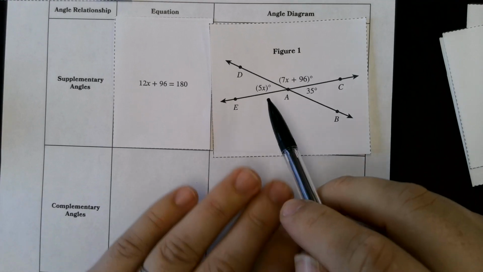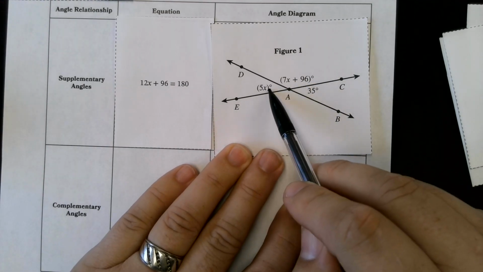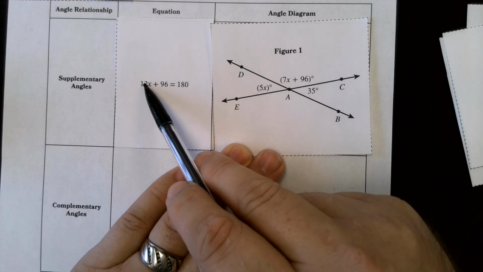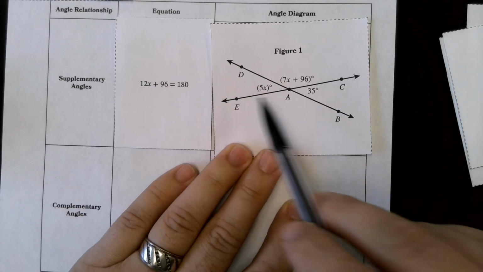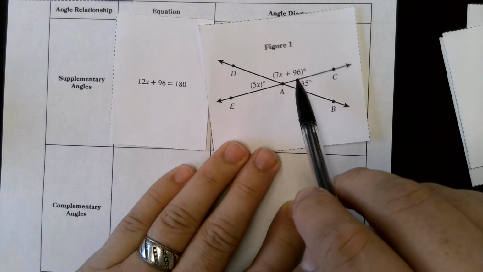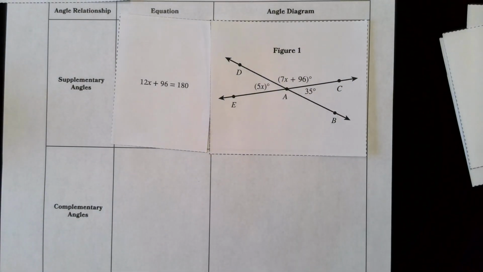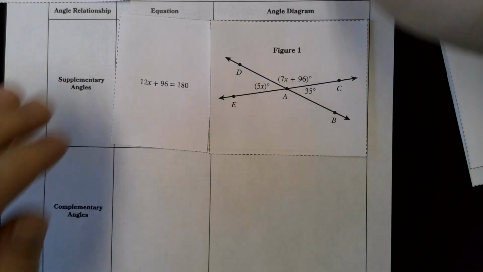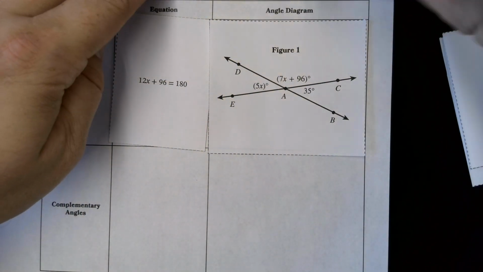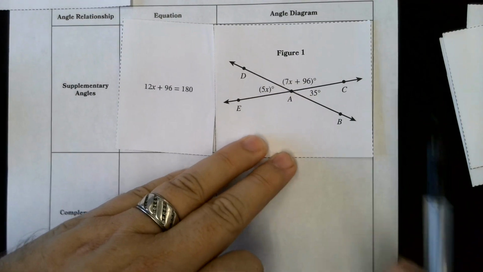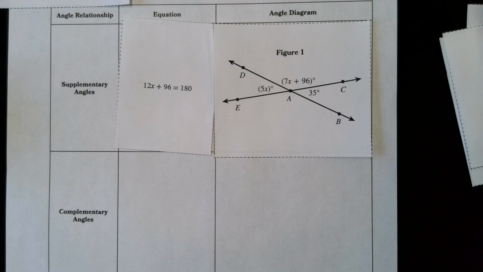The reason is that when I add these all together, 5x and 7x equals 12x, and then we have the 96 left over, and together they equal 180. Supplementary angles are 2 angles that equal 180, and we found these 2 equal 180.